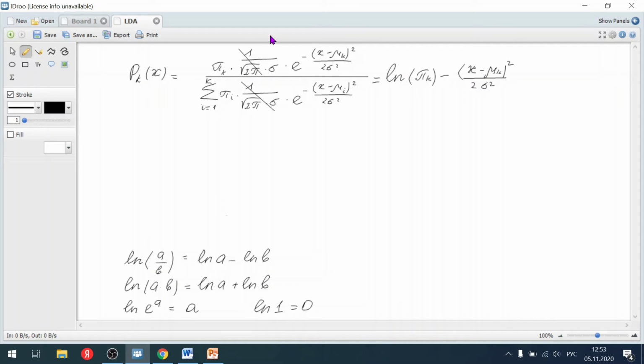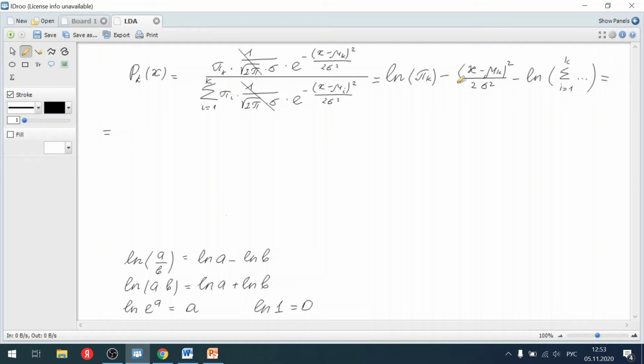This was our numerator, and minus the logarithm of the denominator. To write in short, we will use these dots for the denominator.